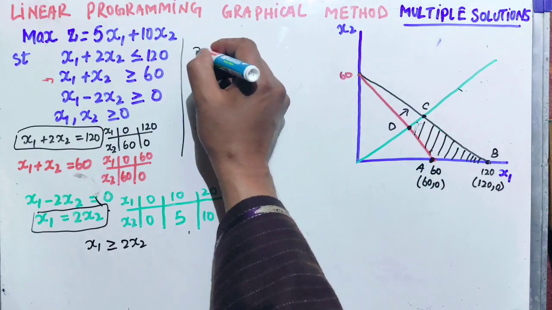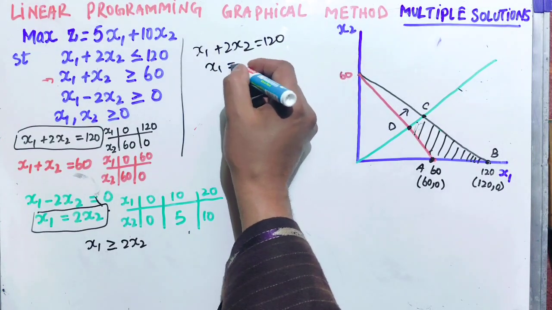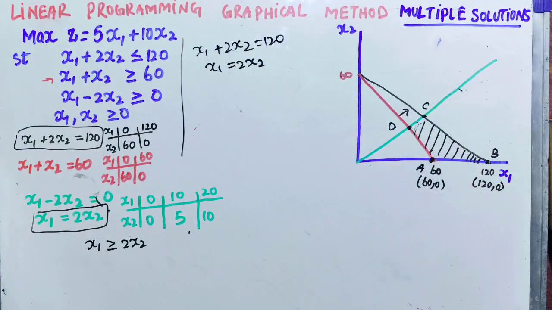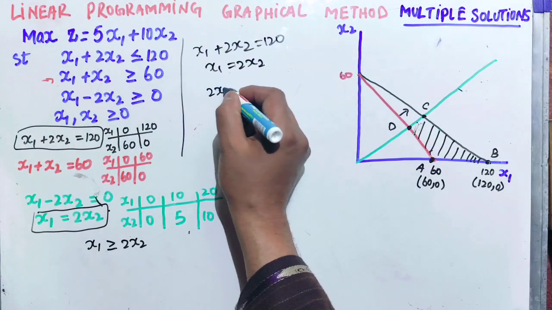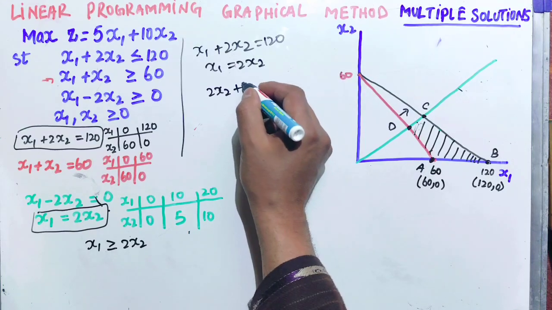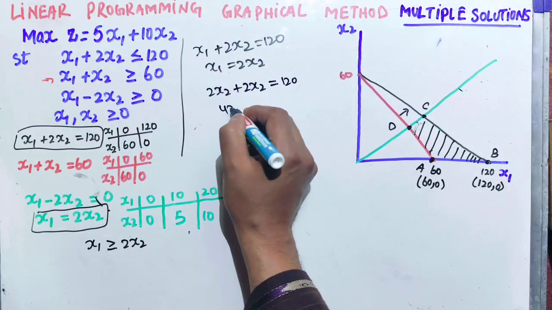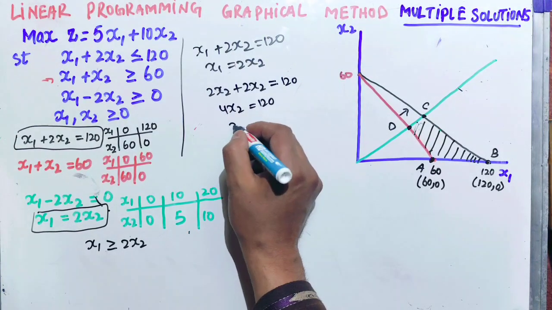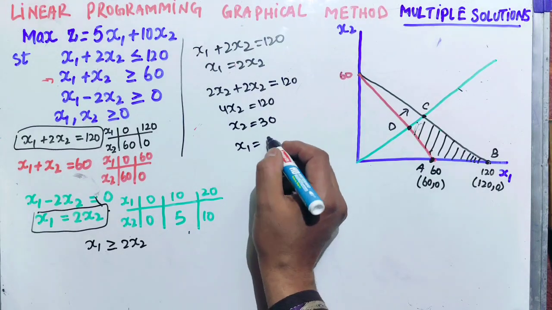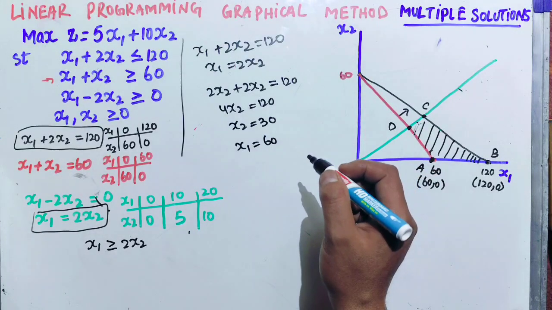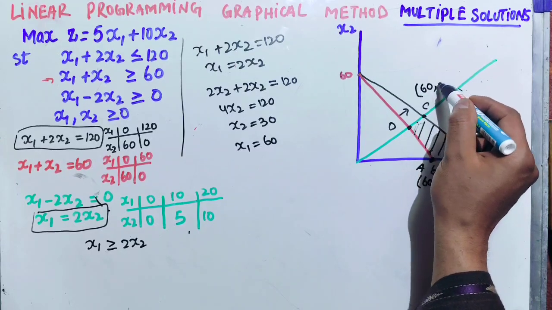We solve these two, that is x1 plus 2x2 is equal to 120 and x1 is equal to 2x2, to find out the coordinates of point C. So x1 is equal to 2x2, plug it in this equation, so we get 2x2 plus 2x2 is equal to 120, or 4x2 is equal to 120. Dividing both sides by 4, x2 will be equal to 30, that means x1 will be equal to 60. So the coordinates of point C are 60 and 30.